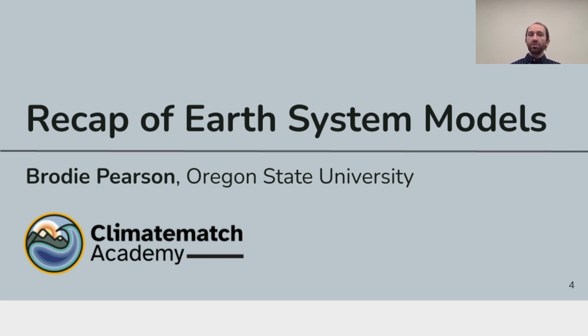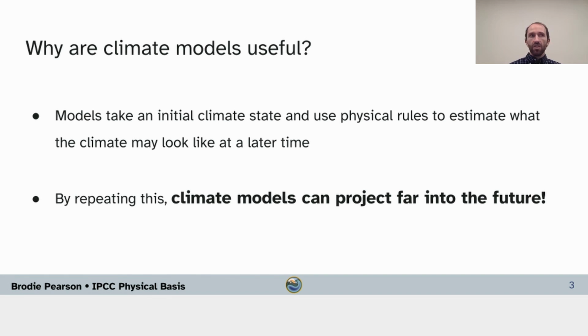So now let's dive into tutorial 1, where we'll be recapping Earth system models, which we encountered at the end of our climate modeling day last week. So you worked a lot with climate models in general on week 1, day 5, and you found that these models can take an initial climate state and use physical rules to estimate what the climate may look like at a later time.